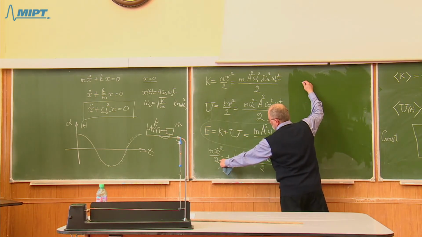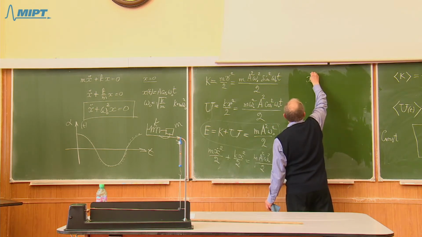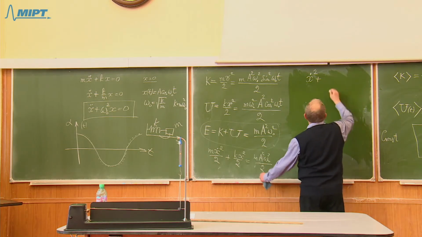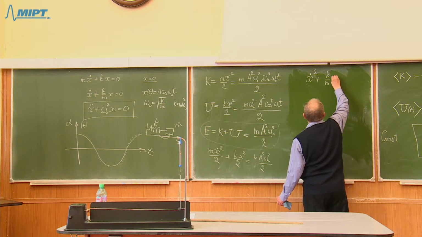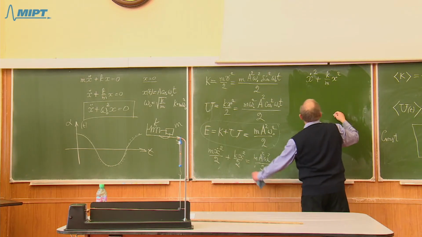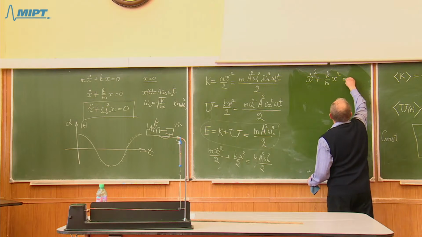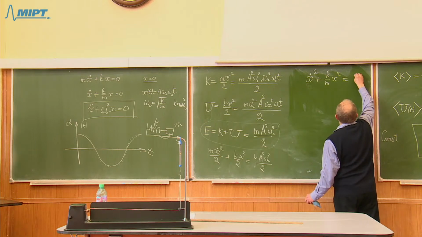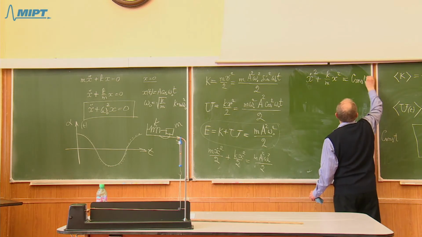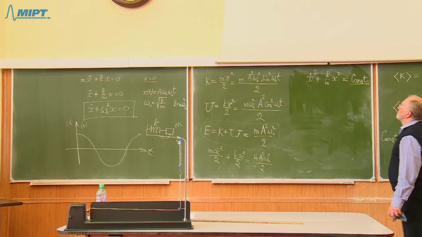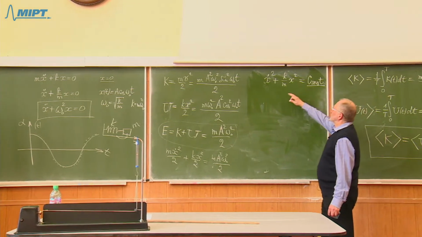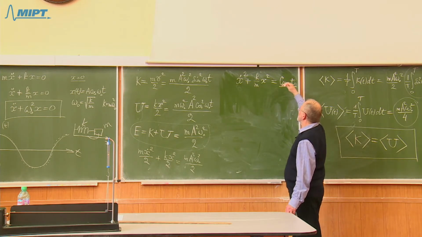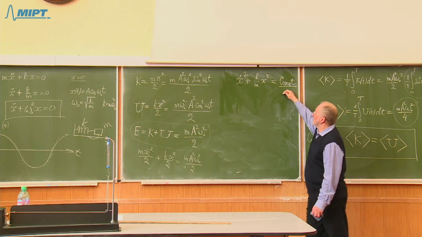After multiplying by 2 and dividing by m, I will obtain x dot squared plus k divided by m times x squared equals a constant number which does not depend on time, because the total energy is conserved, so the kinetic energy plus potential energy remains constant in time.